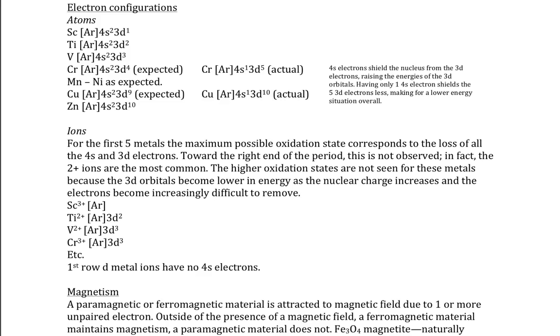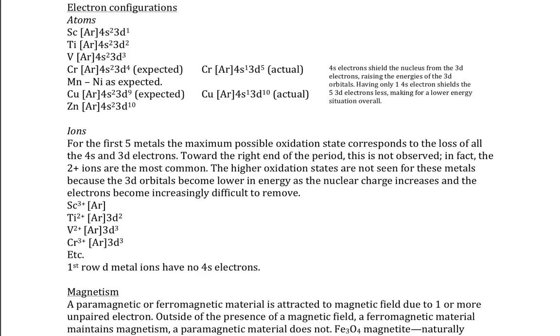But if a second 4s electron jumps up into the 3d orbitals, then there's less 4s shielding, and that makes the 3d electrons a little bit lower in energy and making the atom overall lower in energy. And that's how that happens.